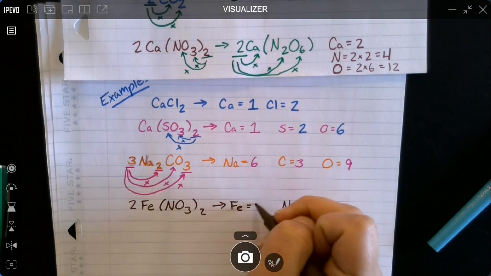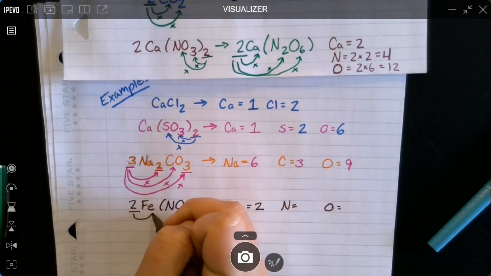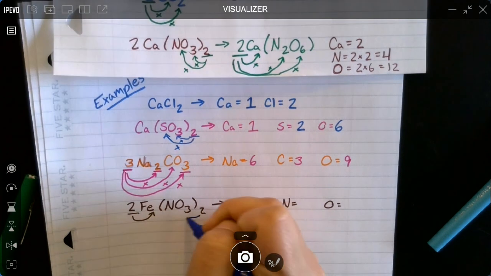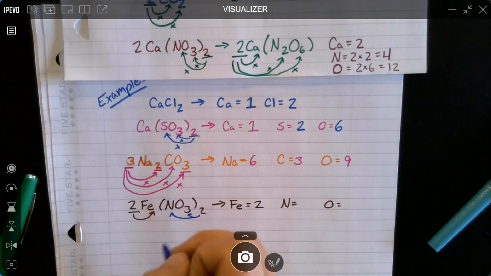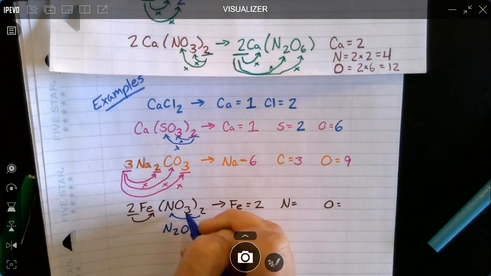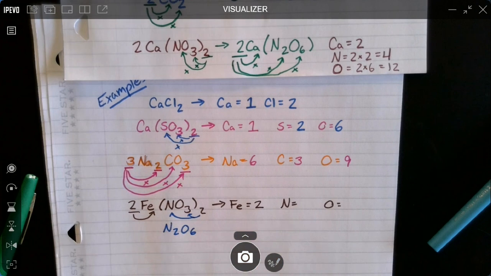We do have 2. Now, when you get to parentheses, I would suggest you pause and you go ahead and distribute. So I'm going to distribute there. So 2 times 1, 3 times 2. So this is really into O6.